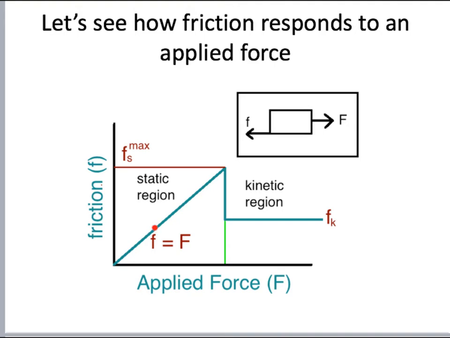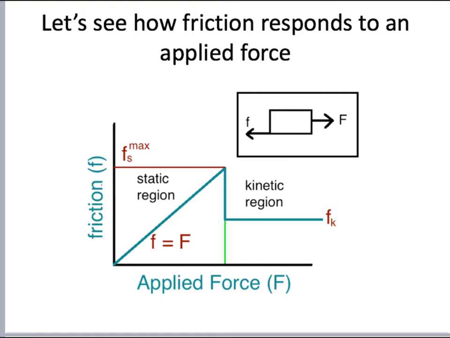As I increase the force, the friction force matches the applied force until you get to some maximum friction value. That's sometimes called Fs max, and the S stands for static, which means not moving. This is the region where the block is not moving, and that's called the static region.